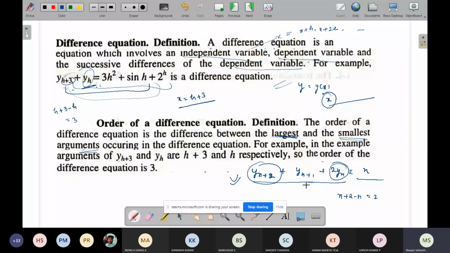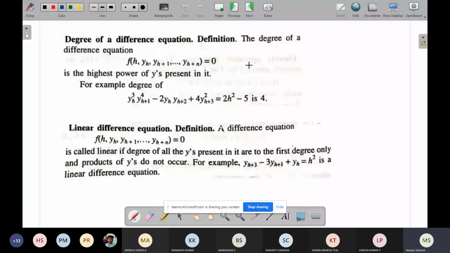Now the degree of a difference equation. The degree of a difference equation is the highest power of y present in it. That's it. For example, suppose this difference equation is given. Now the highest power of y is 4 here.